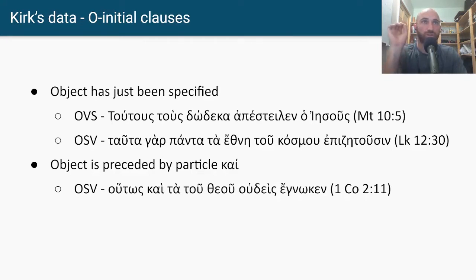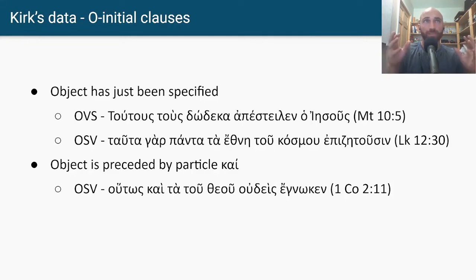She says there are 2 kinds of contexts. One is where the object has just been specified. We see this in Matthew 10:5: Toutous tous dodeka apesteilen ho Iesous. Here we have toutous tous dodeka, these 12, which is the object.